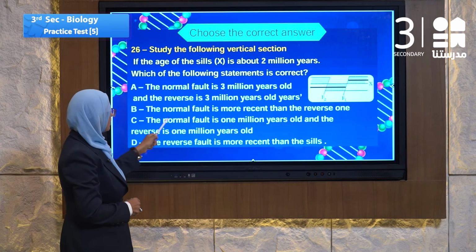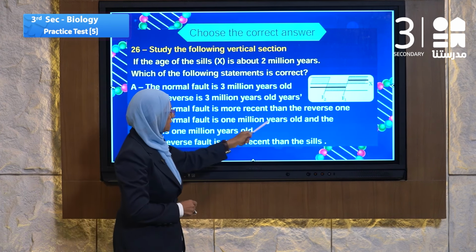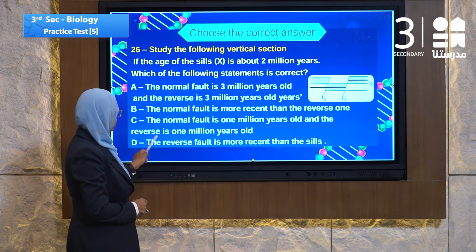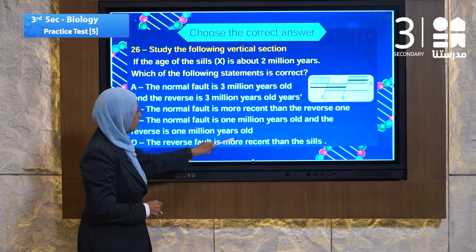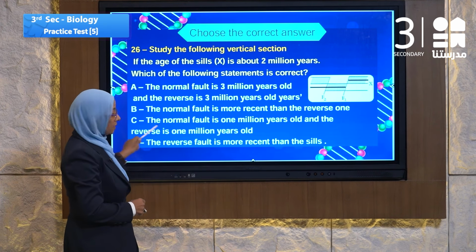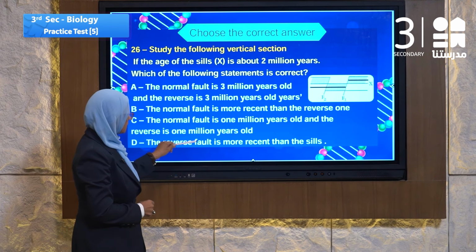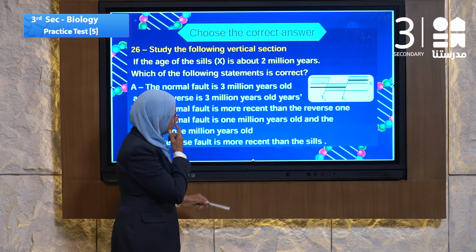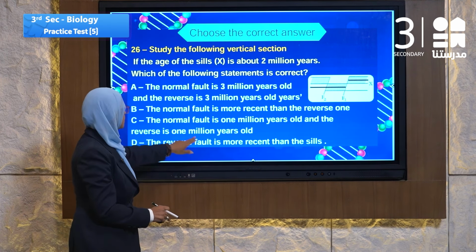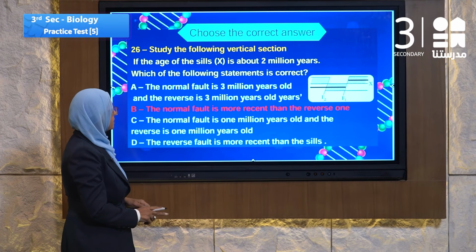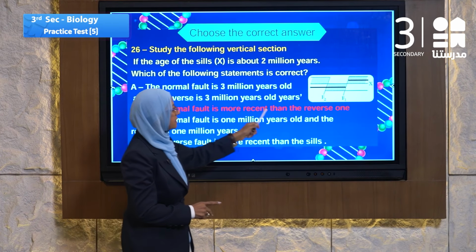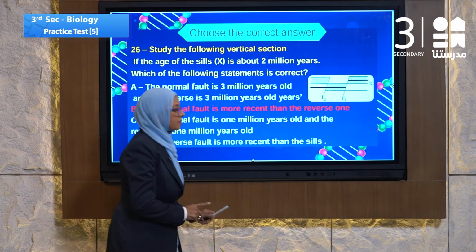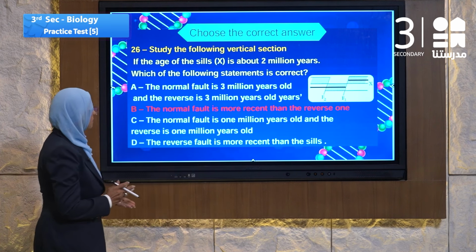C, the normal fault is 1 million years old and the reverse one is 1 million years old. They are the same. The reverse fault is more recent than the cell. No, the answer must be B. The normal fault is more recent than the reverse one. So the answer is number B.